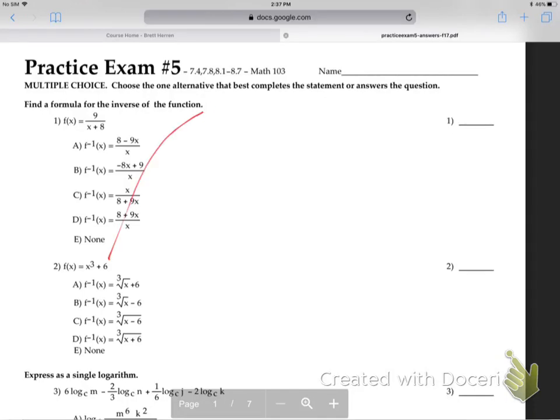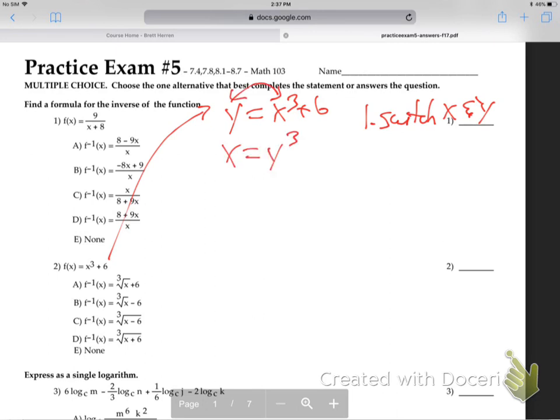So number 2, y equals x cubed plus 6. So step 1, switch x, y. That's what an inverse function means, is invert x and y. So they trade positions. X is out here, y is over there. So switch x and y. Step 1.